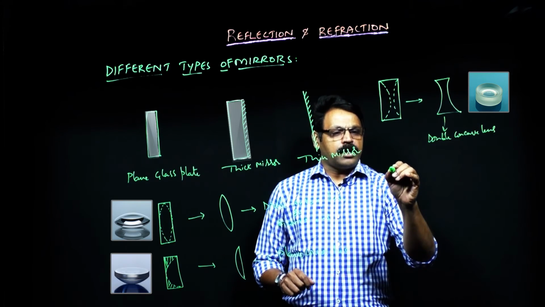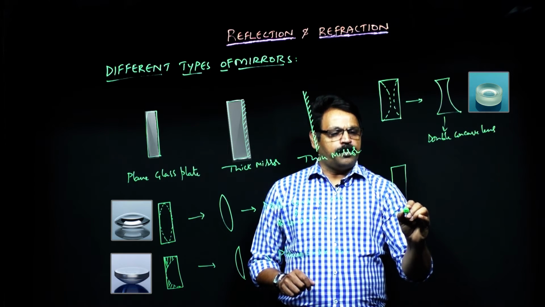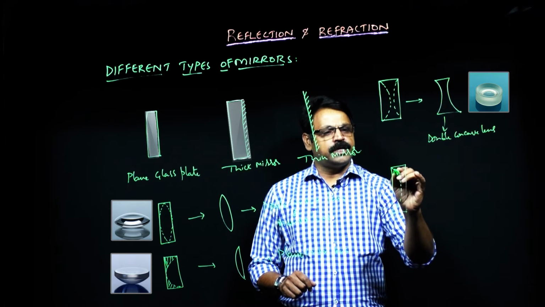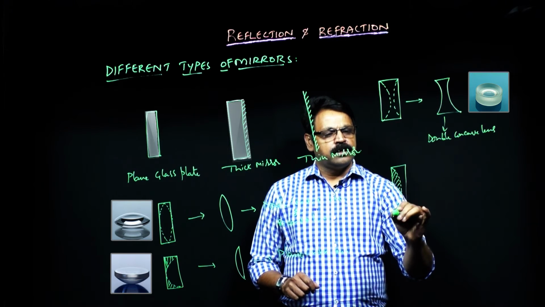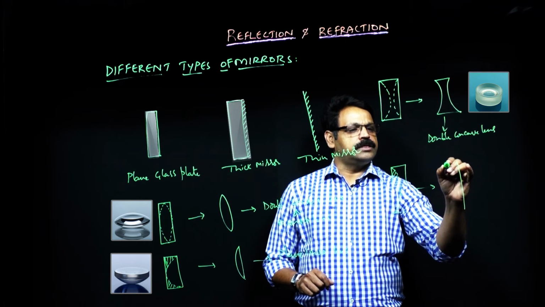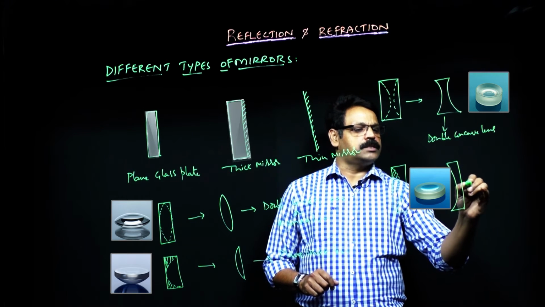Similarly, if you are removing a portion from only one end, the other end remaining as it is, so the shaded portion is removed over here, the leftover shape is going to be like this, and this is called a plano-concave lens.